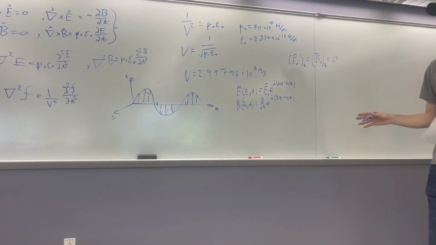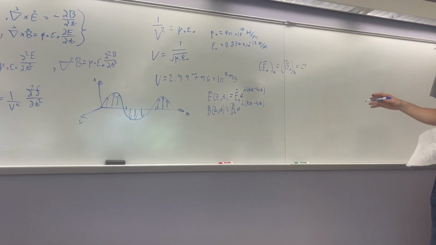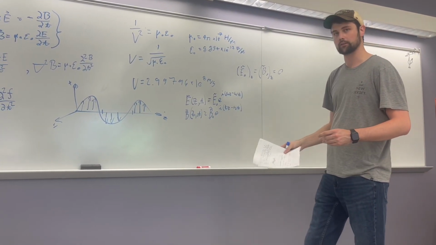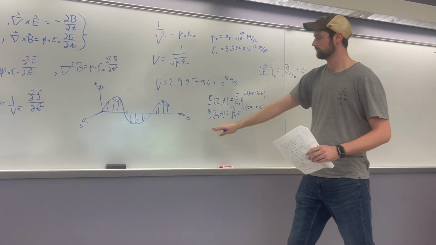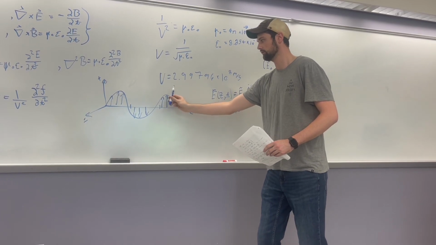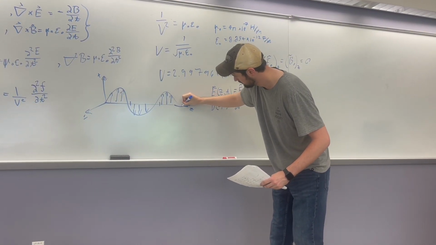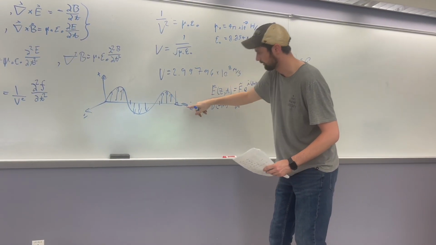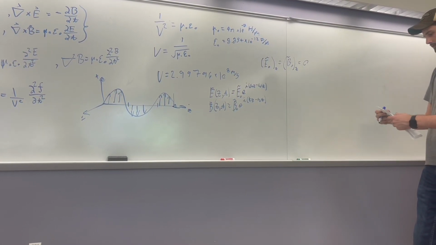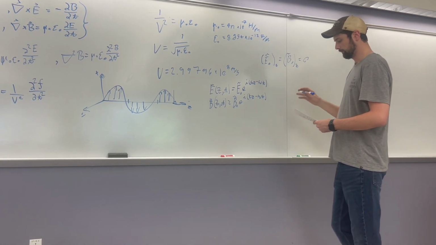And this is going to show mathematically that EM waves are transverse, which means they are perpendicular to the direction of propagation. As you can see, we're moving in the z direction, and they're perpendicular to that z direction.